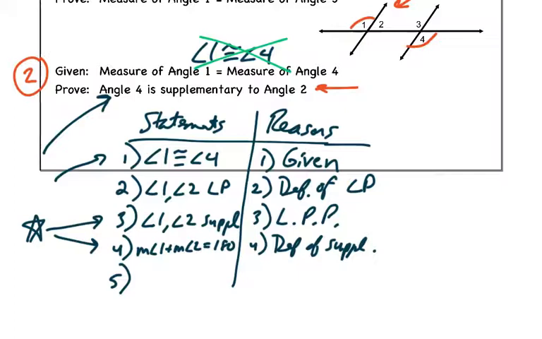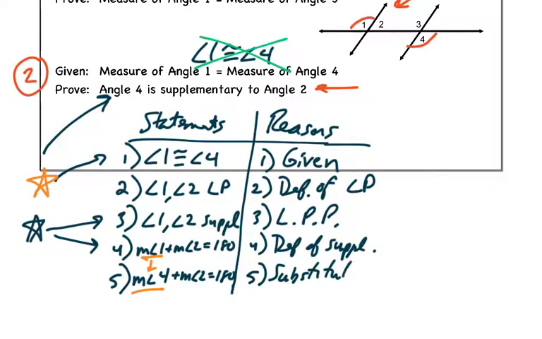So do you agree that I could say that, therefore, the measure of angle 4 plus 2 equals 180? Look what I just did. It's like I took the angle 1 that was there, and I subbed in angle 4 instead. How could I do that? Because in step 1, they were equal to each other. So what's that called if I just subbed him in? Substitution. So I substituted the fact that angle 1 equals 4, so I substituted 4 in for 1.